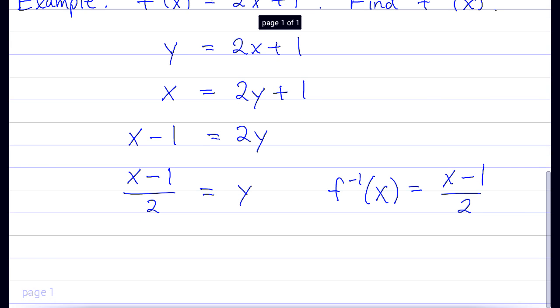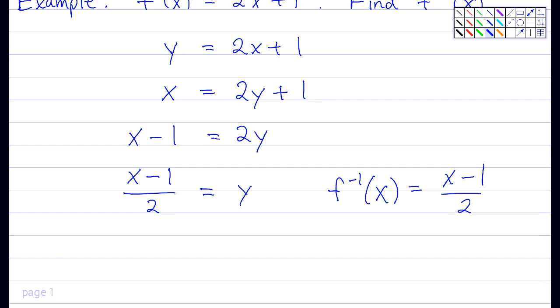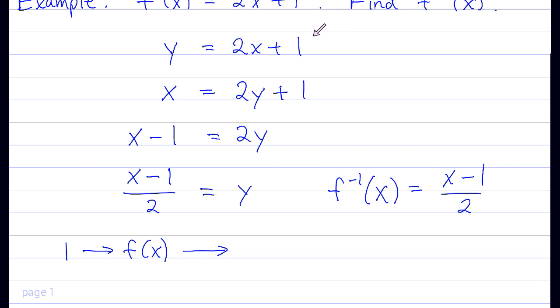Now, how do I know that that really is the inverse function of f? Well, it has to be true that when I take a number like 1 and put it into f of x, what do I get? Here's my original function.